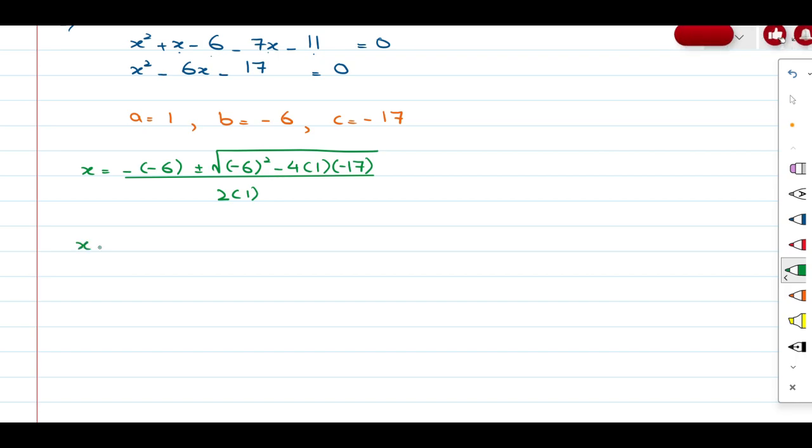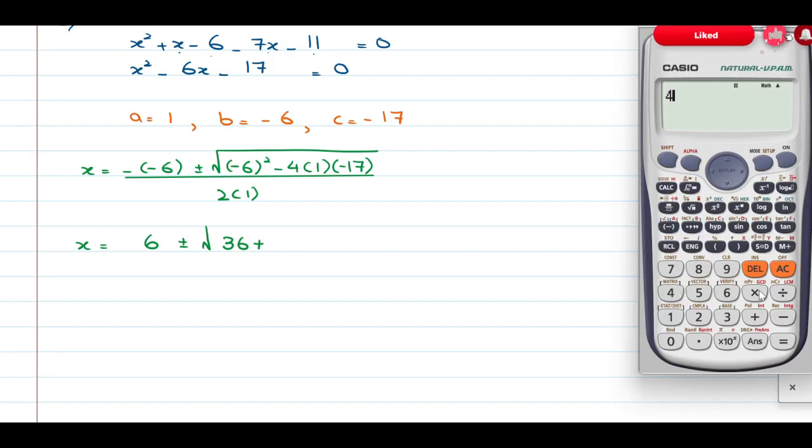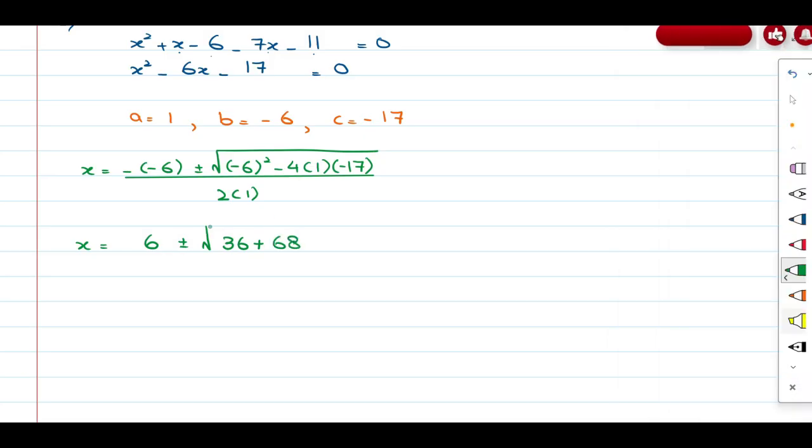Right. So x equals 6 plus or minus root 36. Negative times negative is positive. 4 times 1 times 17. So 4 times 17 becomes 68. The root and divided by 2. 2 times 1 gives you 2, right?